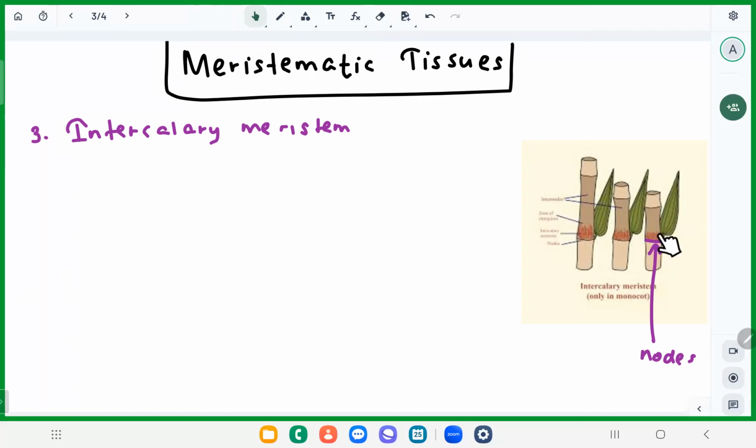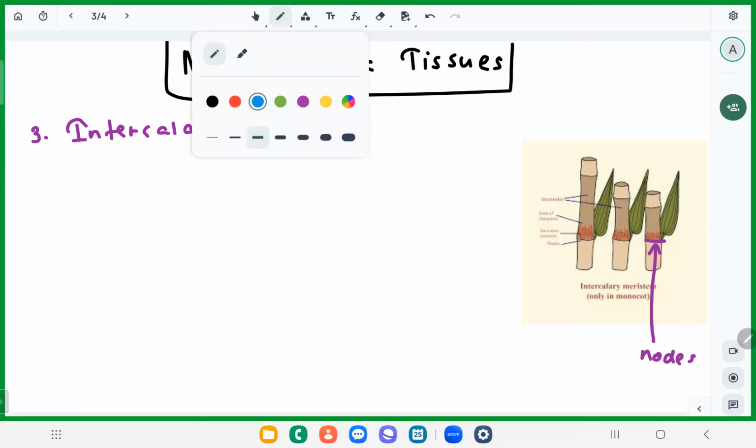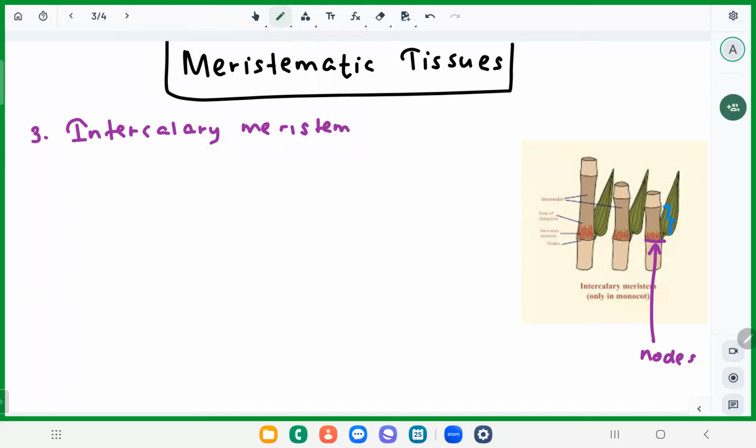The region between the nodes is called the internode. You can see here at the beginning, in the first stage, this internode is pretty short. And then due to the action of this intercalary meristem, we can see how the internode is getting longer and longer.